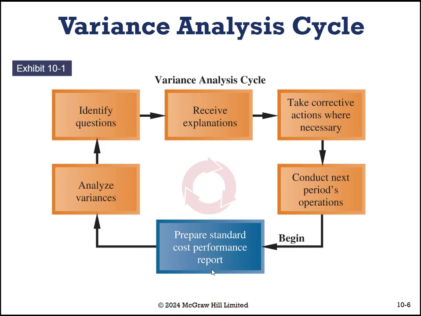We first prepare our standards and prepare that standard cost performance report. Then we have our actuals that come in. We analyze those variances. We identify questions. We source those out to the responsible managers. We receive explanations from them. And then we do corrective actions when necessary. And then we set our standards for the next period, and so on and so forth.